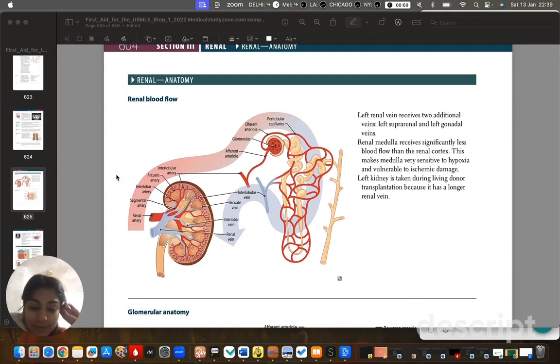Let's come to the anatomy first of all, okay? So renal anatomy, there's not much newness in this. Remember, you know all of this. You've read this so many times, you've regurgitated it in your exams, and now it's all going to come back, okay? So don't worry, we are going to get through this.